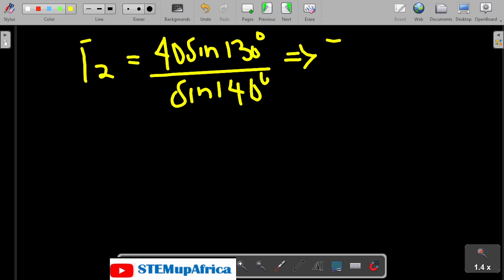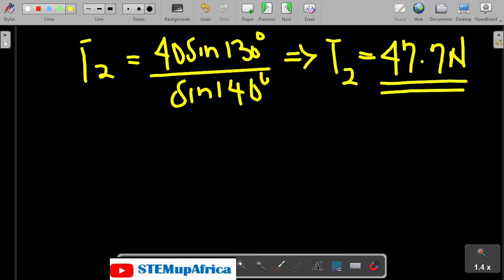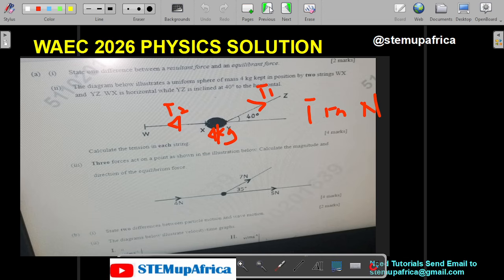So let's multiply: 40 sine 130 divided by sine 140. That will give us 47.7 Newton. That is now the value for T2. So let's go to the other question.